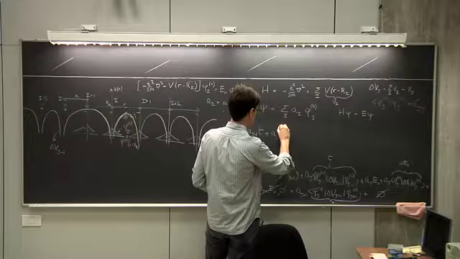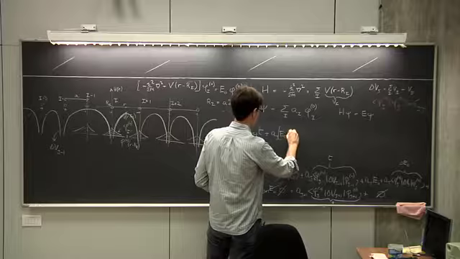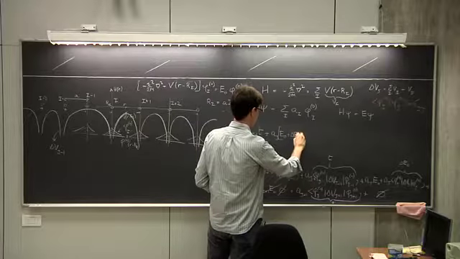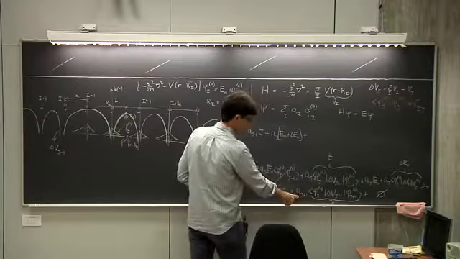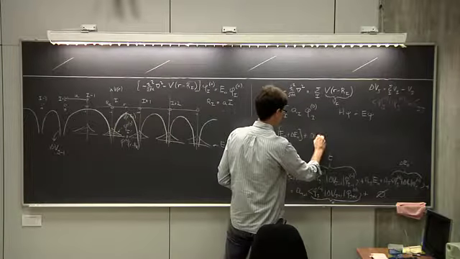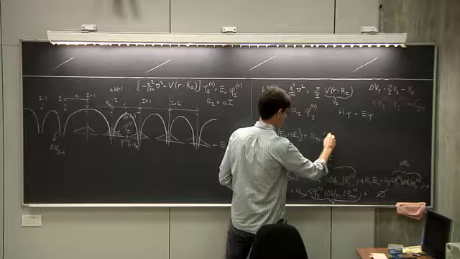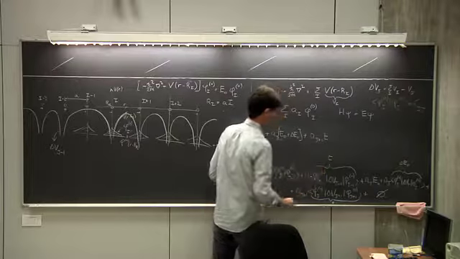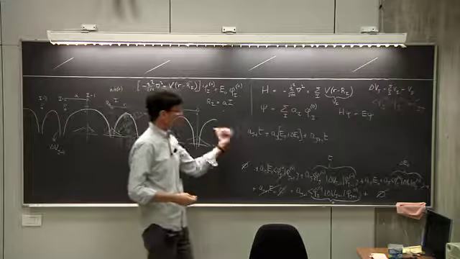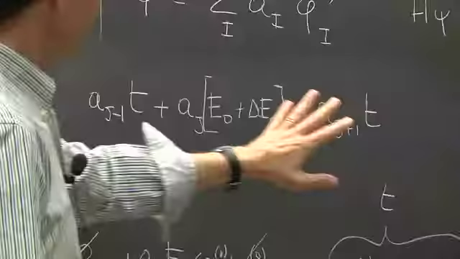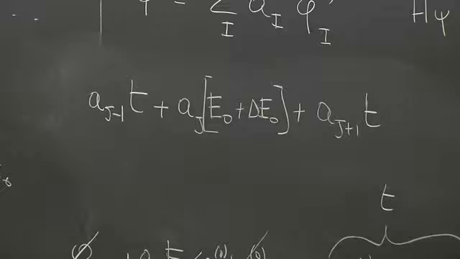Actually, I can group this plus delta E naught, plus the fourth term, a j plus 1 t. And that's it. There's nothing else, because there's nothing else to the left, nothing else to the right. Just 4 terms, actually 3, if I compact the central one.